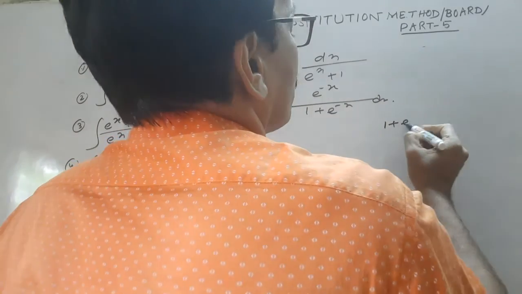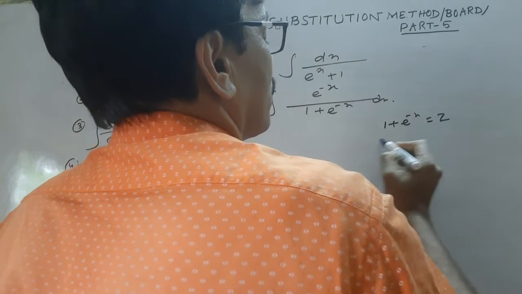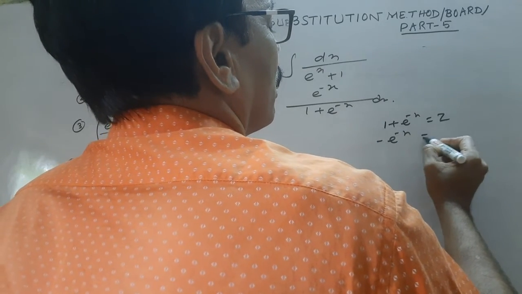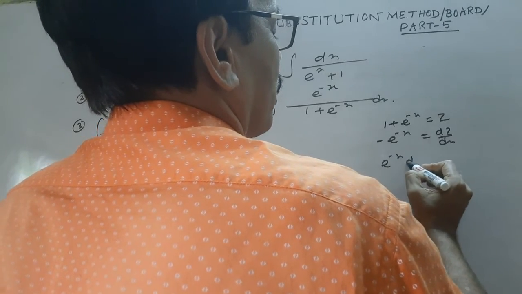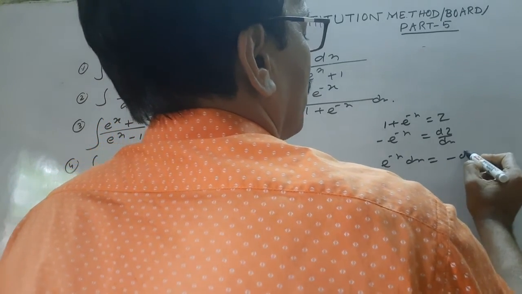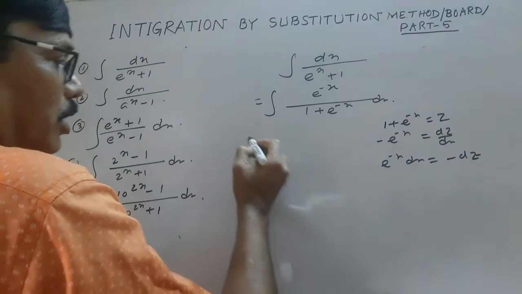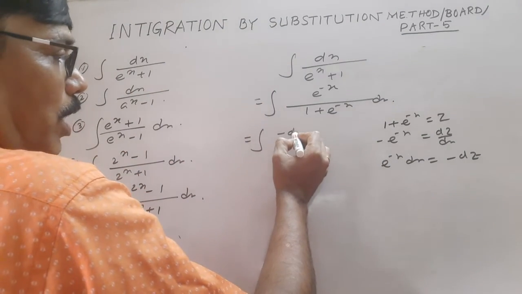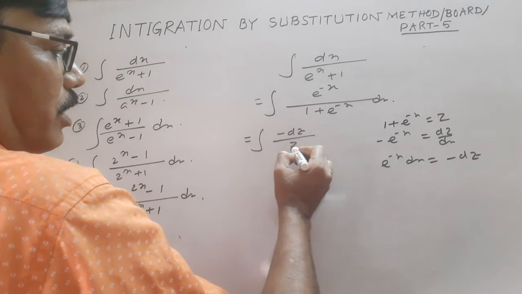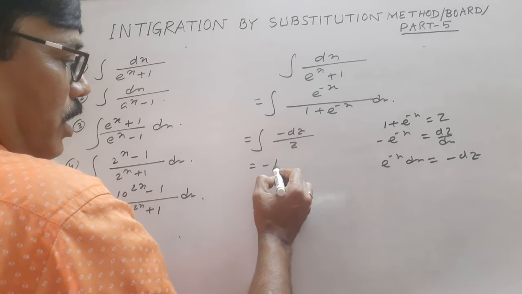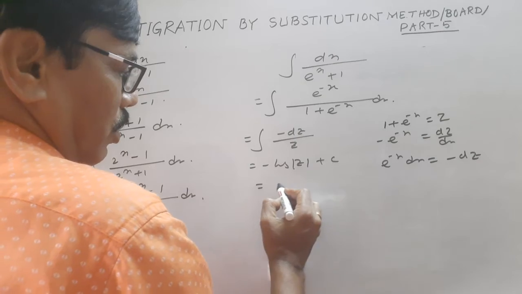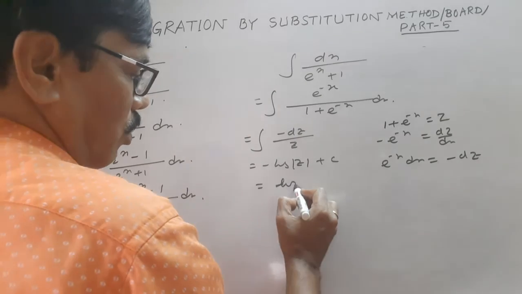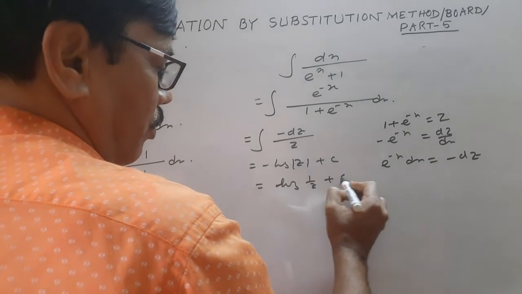Now 1 plus e to the power minus x equals z. Differentiating, e to the power minus x dx equals minus dz. So look, you are getting minus dz by z. So minus log z plus c. So log 1 by z plus c.